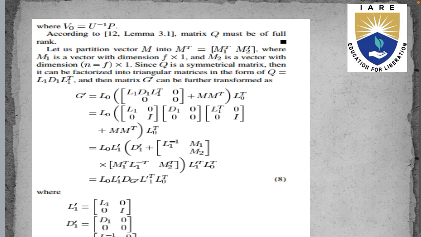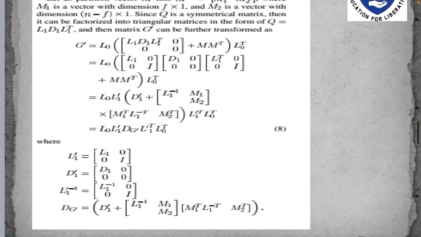By solving this, we get G^-1 = L0 L1' Dz L1'^T L0^T, where L1' = [L1, 0; 0, I], D1' = [D1, 0; 0, 0], L1'^-1 = [L1^-1, 0; 0, I], and Dz = D1' + [L1^-1 m1; m2][m1^T L1^-T, m2^T].